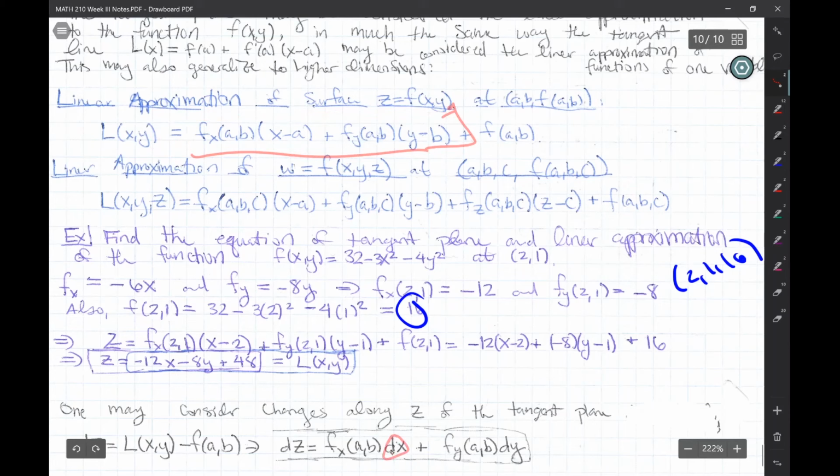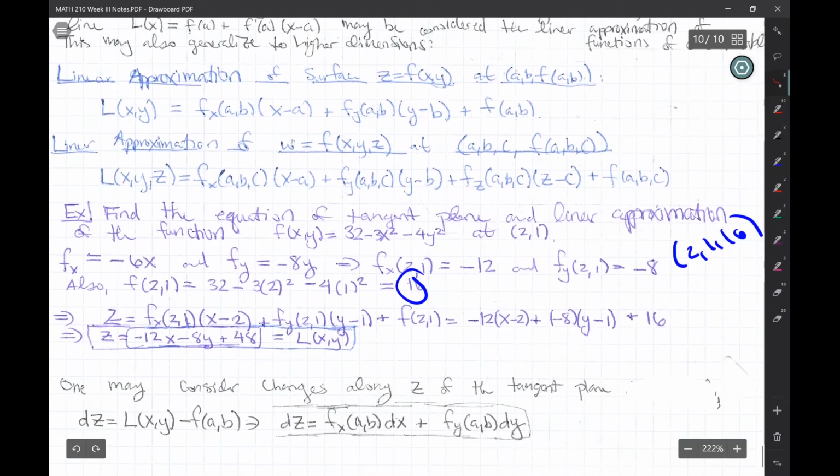We can identify dx with x minus a, dy with y minus b, and dz with L minus f(a, b). And what this helps you see is changes along z that occur due to dx and dy. Now those changes are approximations, since we're using the linear approximation of the function, but nevertheless we are able to compute changes using this formula.